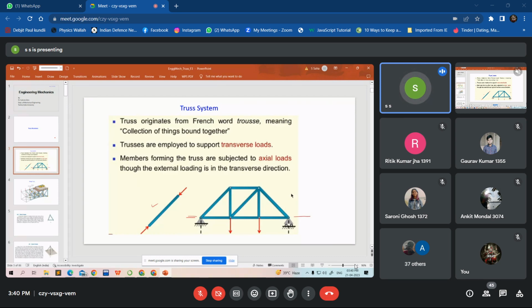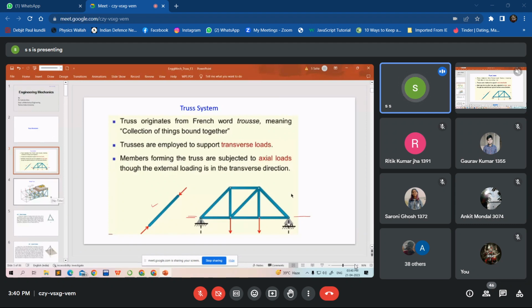Although the members have axial load, overall the truss system is supporting transverse load, but the members are subjected to only axial load. That is one thing you can keep in mind. Your bridge or truss is supporting these vertical loads here, but in the member the load is not vertical; it is always axial.